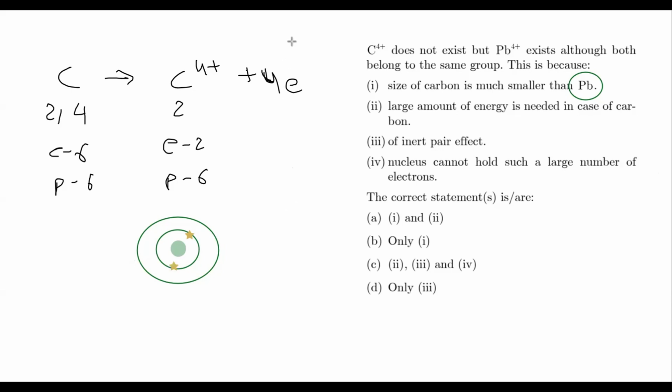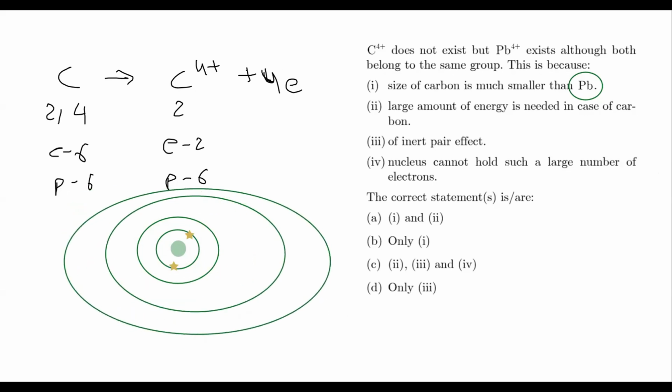But if we talk about lead, the outermost shell is very far away from the nucleus. So therefore the force of attraction of the nucleus with these outermost electrons is less, so they can lose them and much less energy is needed.